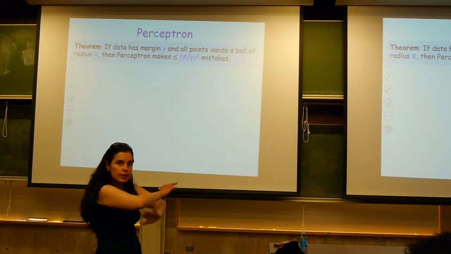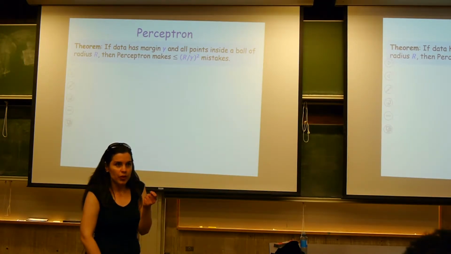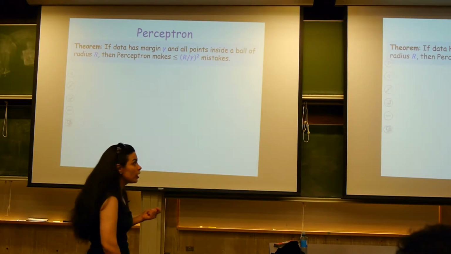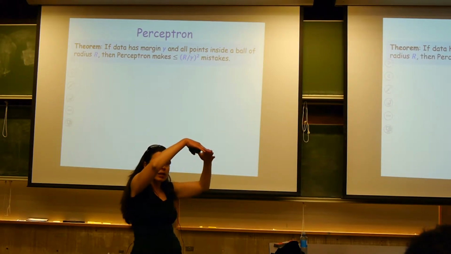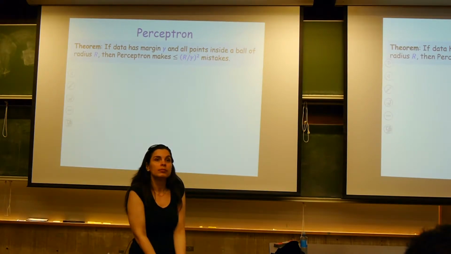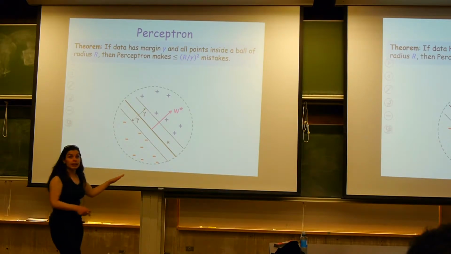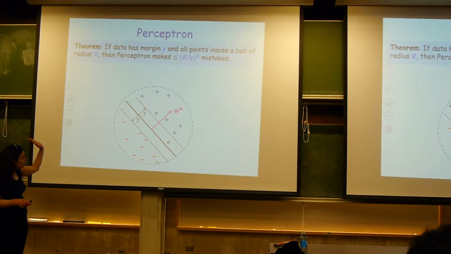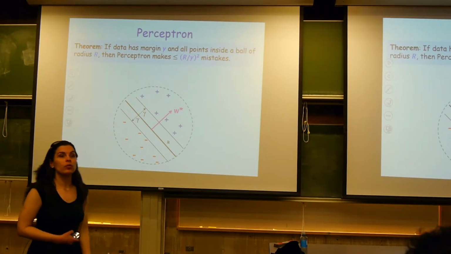As long as it has margin gamma, so as long as there is a separator that separates the data correctly by margin gamma, I'm guaranteed that the perceptron algorithm will never make more than R over gamma squared mistakes, where R is the maximum length of an example. So if all the examples lie in a ball of radius R, and the best linear separator has margin gamma with respect to this set of training samples, then the number of mistakes we're ever going to make is no more than R over gamma squared.